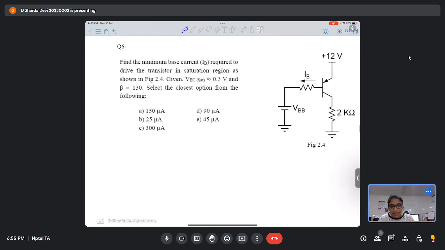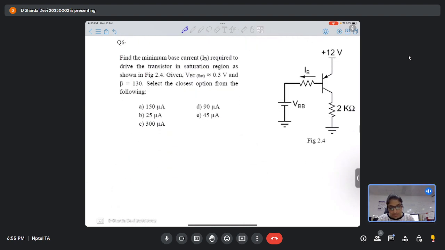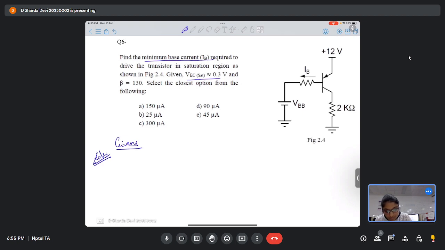Moving on to the next problem. In this problem, we have to find the minimum base current required to drive the transistor into saturation region. First, let's write down the given values. It's given that VC sat is 0.3 volts.